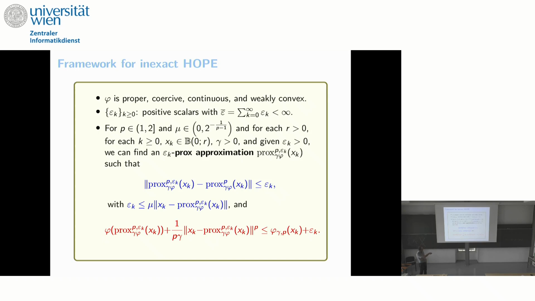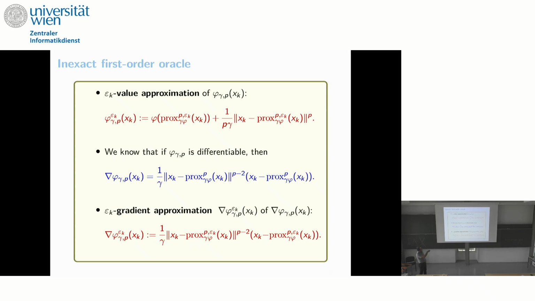Okay, so if I have this structure, then I can construct an approximated function, which is based on the approximation I got from the prox. The gradient of the Moreau envelope has this structure. So you may ask me, why didn't you use the forward-backward envelope?